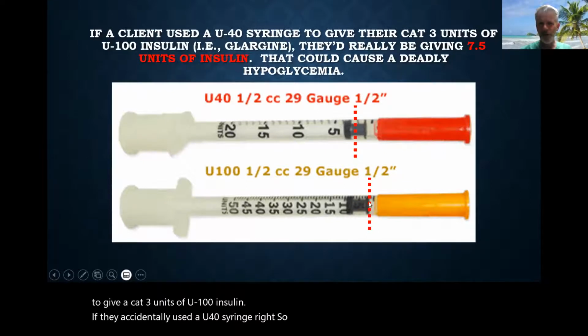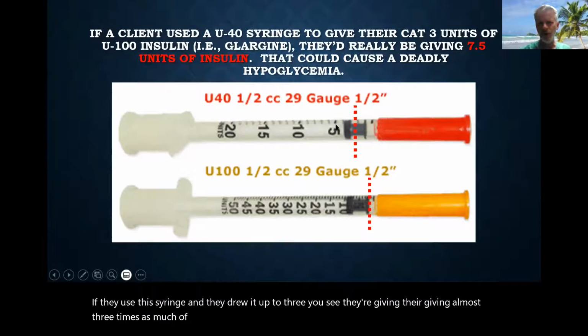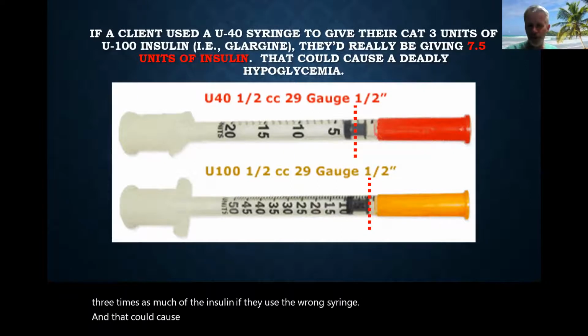So here's 3 units on the U100. If they use this syringe and they drew it up to 3, you see they're giving almost 3 times as much of the insulin if they use the wrong syringe. And that could cause a deadly hypoglycemia.